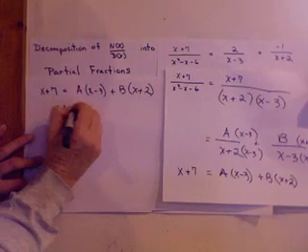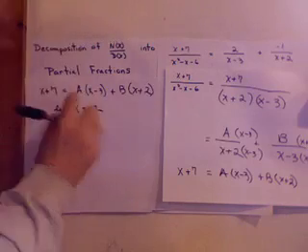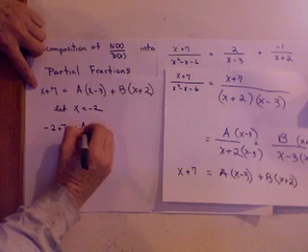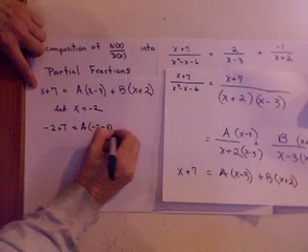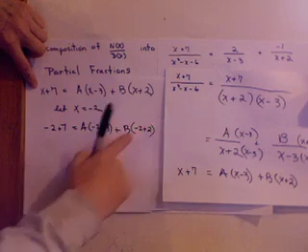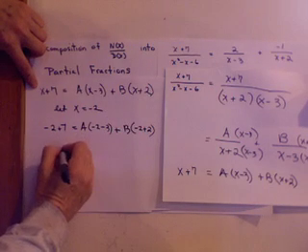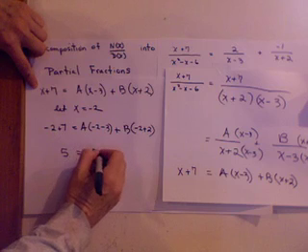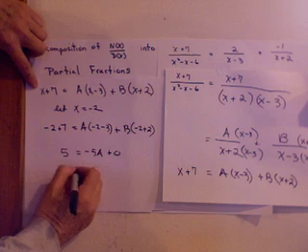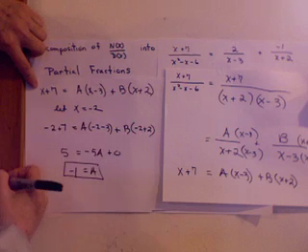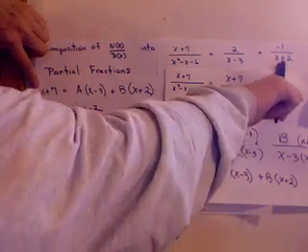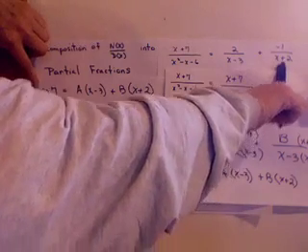Let x equal negative 2 and see what happens: negative 2 plus 7 equals A times negative 2 minus 3 plus B times negative 2 plus 2. Hopefully you see that becomes a 0. So I get 5 equals negative 5A plus 0, so A equals negative 1. There's one of my fraction tops.